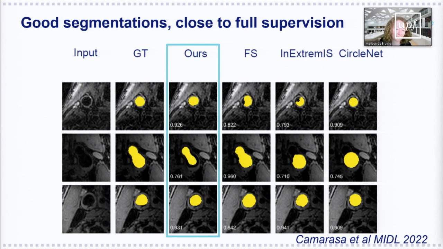I think that's the better trade-off. To get a reasonable segmentation result that can be used in the clinic to some extent, we may not need that many data sets.